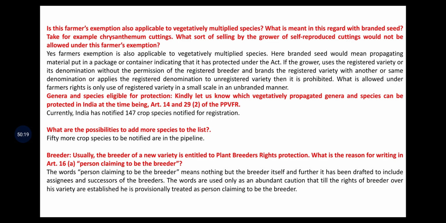The reason for writing in Section 16, a person claiming to be a breeder, is nothing but the breeder himself or itself. Further, it has been drafted to include assignees and successors of the breeder. The words are used only as an abundant caution, so that till the rights of a breeder over his variety are established, he is provisionally treated as a person claiming to be a breeder.